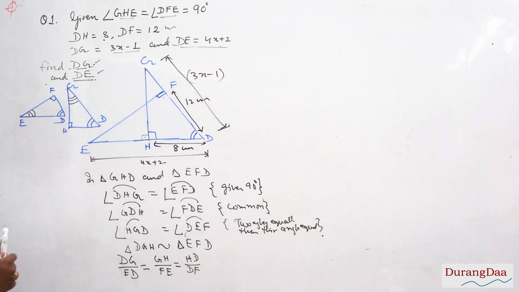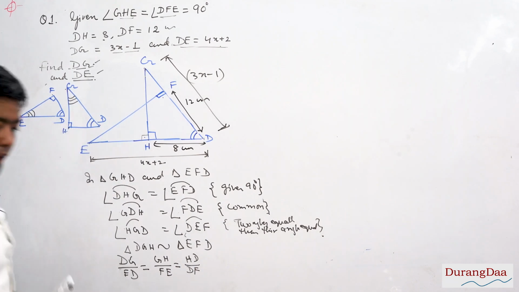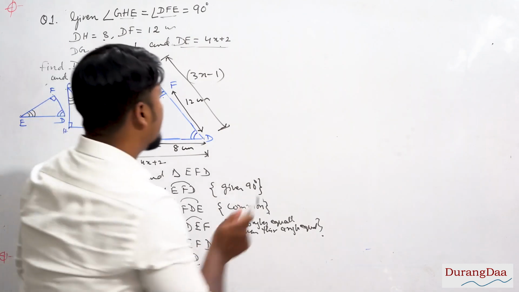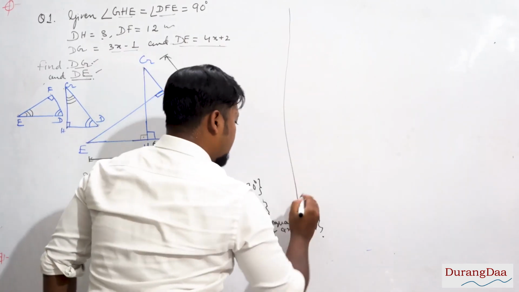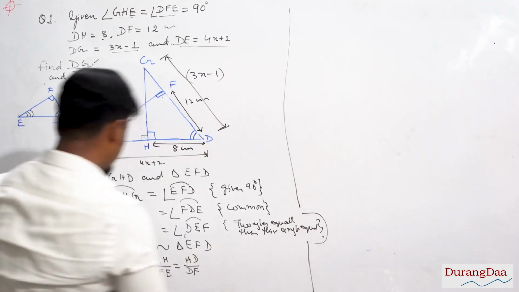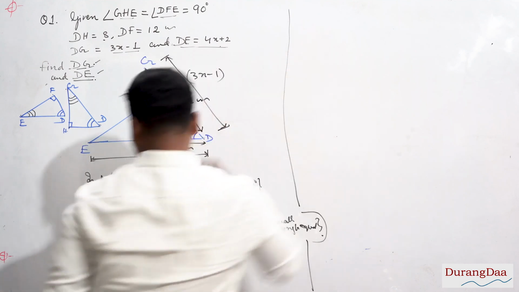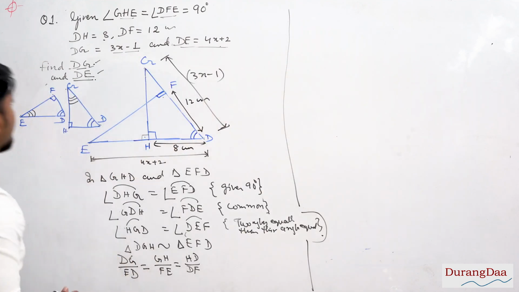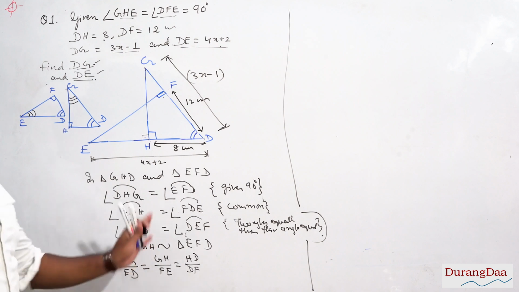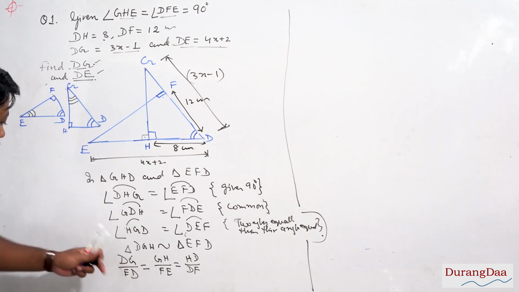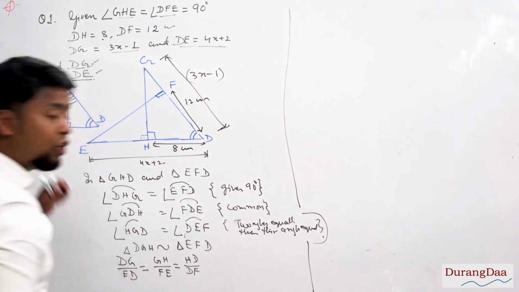So we got the ratios, all right, but still we have to find the lengths. Now we are going to use the ratio to find the value of DG and DE. I'll just write it down once more, because one confusion might be there, because 3 terms are there. So you will select the correct 2.